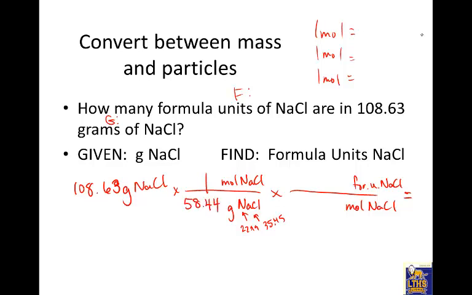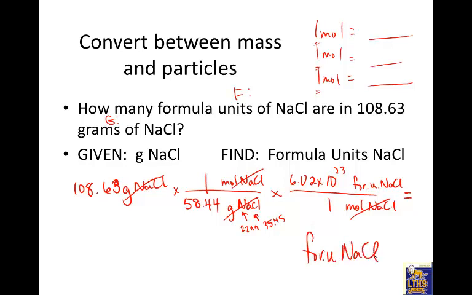According to my 1 mole equals stuff, I know that 1 mole, the number 1 always goes with moles, equals Avogadro's number of formula units. Math-wise, grams cancel grams of NaCl, moles cancel moles of NaCl, and I'm left with formula units of NaCl. Should we have a lot or a little?